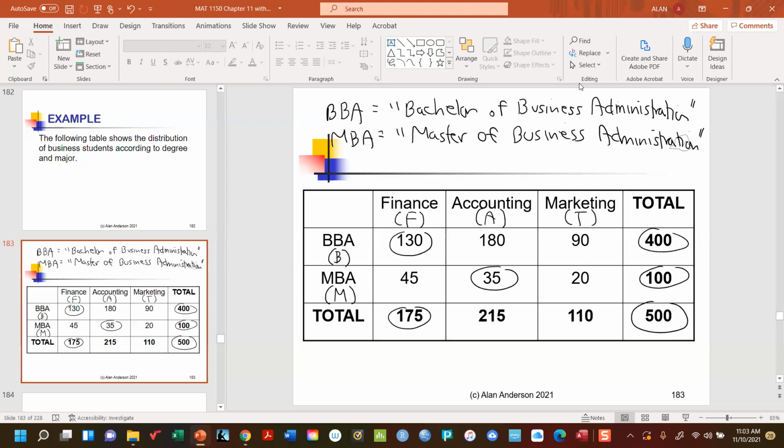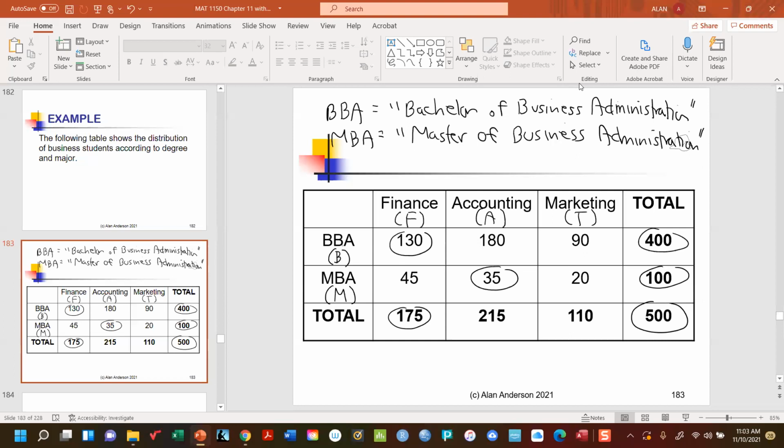For example, we can ask ourselves a question like this one. What is the probability that the student we chose is getting their bachelor's degree in finance? Or what is the probability that this student is getting their MBA in accounting? Or possibly it could be something like this. What is the probability that the student we chose is getting an MBA? Okay, so there's a lot of possibilities there.